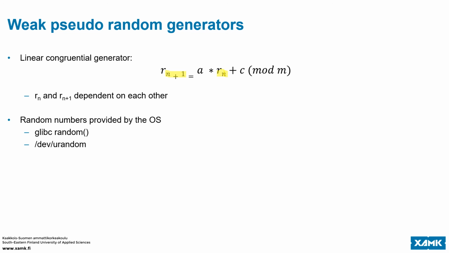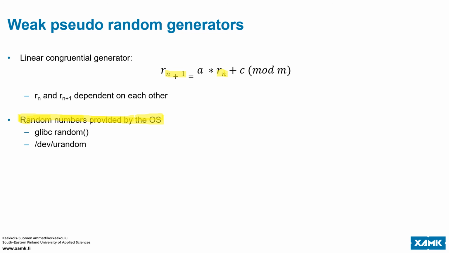In addition to this, operating systems also provide an interface for generating random numbers. On the server side, so in practice on Linux and Unix systems, we have something called a random function, which comes with the glibc library.